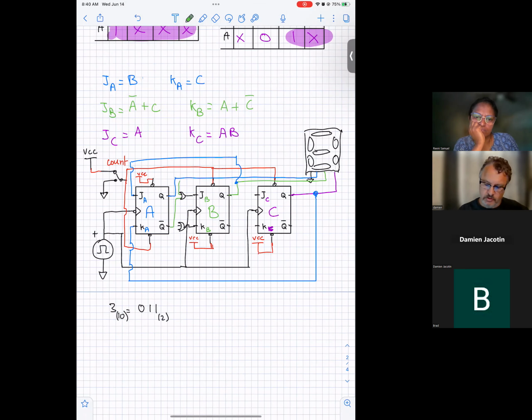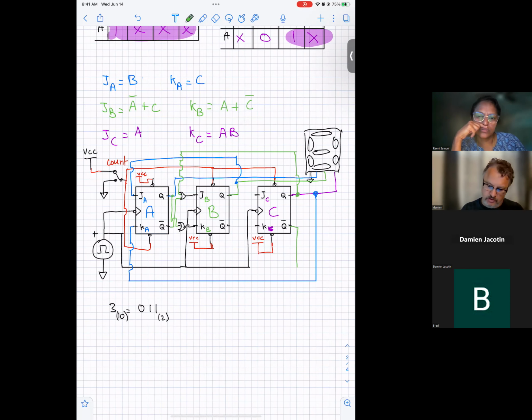So I'm going to go back up here. And I'm going to connect it to C right here. And for KB, it's going to be A or C naught. So A is going to be this one. So A or C naught.